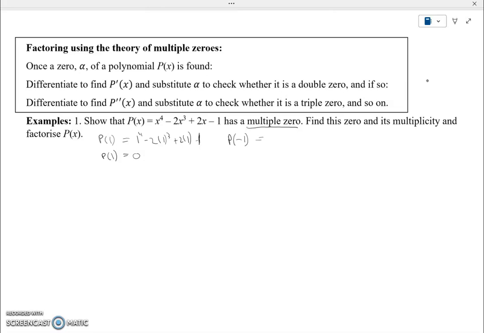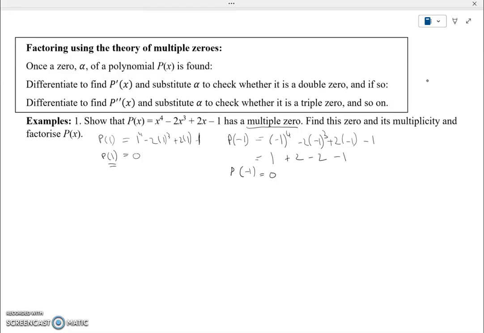Nice. If you sub in negative 1, you get negative 1 to the power of 4 minus 3 times negative 1 cubed plus 2 times negative 1 minus 1. That becomes 1, that becomes positive 2, that becomes minus 2, that becomes 1. That's also 0.